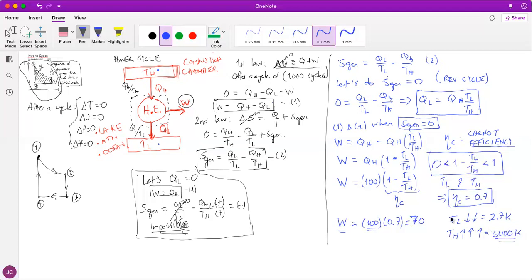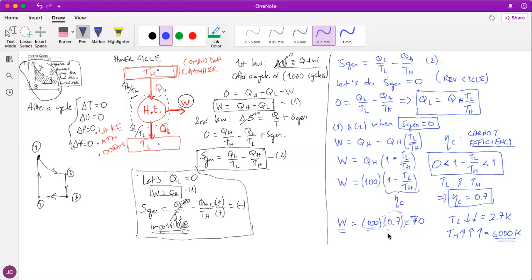You do the math, and this will be really close to 1. So if you put a heat engine between outer space and the surface of the sun, it doesn't seem that you're going to do it, but you are allowed at least to attain a number really close to 1.